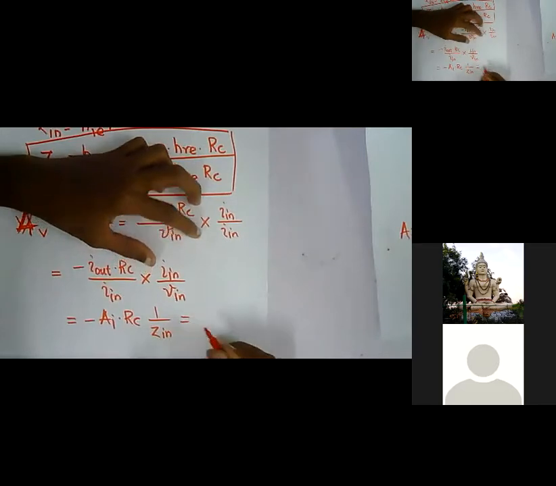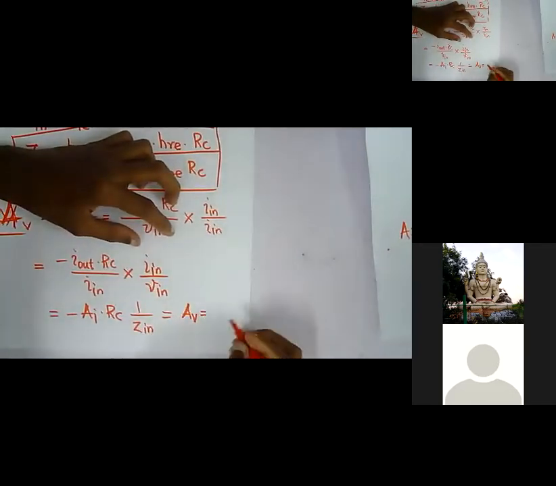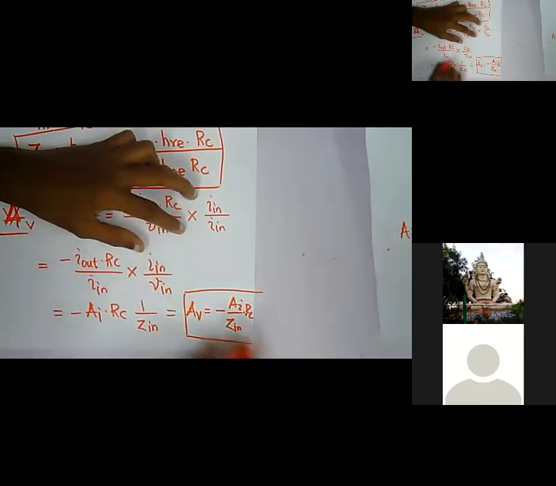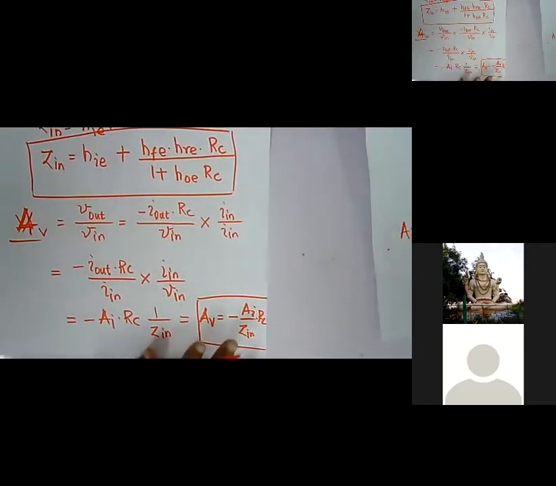So I can write my voltage gain as AV equals minus AI by Z in into RC.